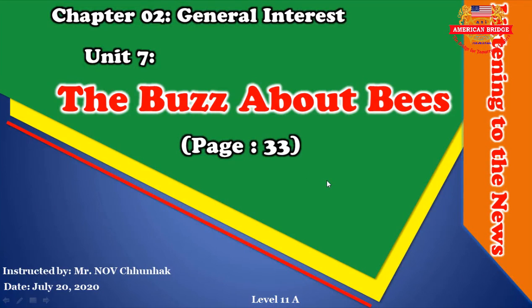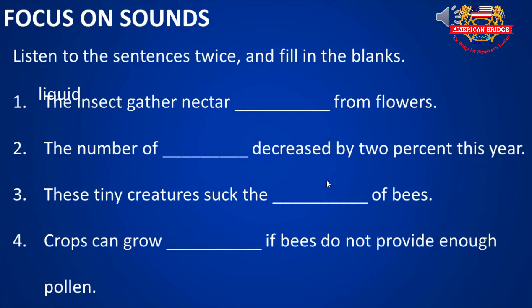Okay, so you will see this, we focus on the sound. So the first step, you have to listen to the sentence twice and fill in the blanks. So we have the words, you see here, number one, insects gather nectar from flowers, okay.